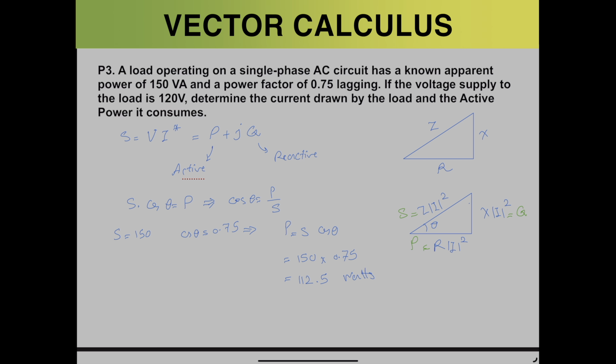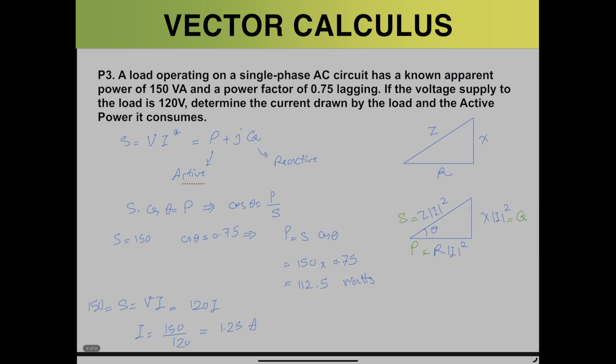So S equals VI, which means 120 times I is 150, and then I becomes 150 divided by 120, which is about 1.25 amps. So here is our current that is drawn through the circuit.